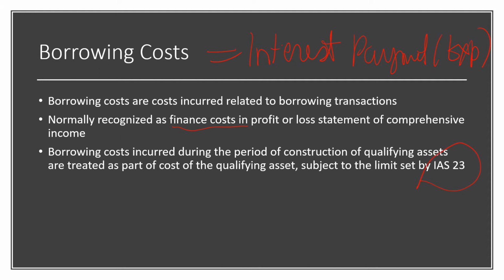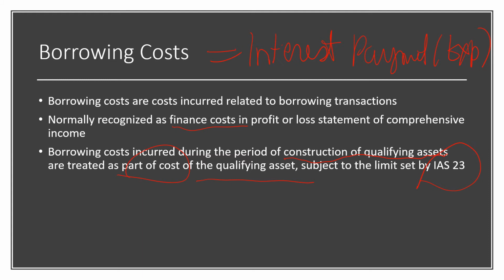When you incur interest payment during the period of construction of a qualifying asset, you are constructing your own asset, and you incur borrowing cost because you borrowed to fund the construction of that asset, like a building. It can become part of the cost of the qualifying asset. Of course, there is a limitation, subject to IAS 23. We are allowed to recognize it as part of cost, because you incurred it in relation to the construction of the qualifying asset.